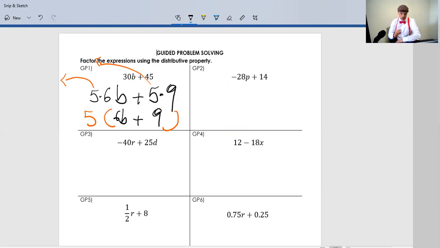Now, the next one, we do the same thing. We need to find the biggest factor that 28 and 14 have in common. I think that's 7, because negative 28 you can write as negative 7 times 4, and 14 you can write as 7 times 2.